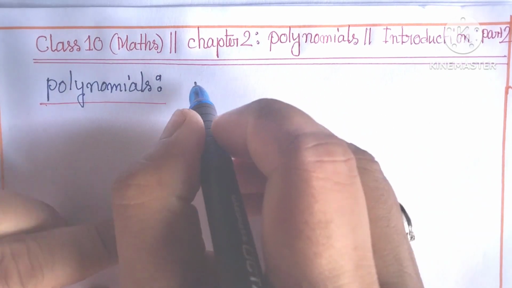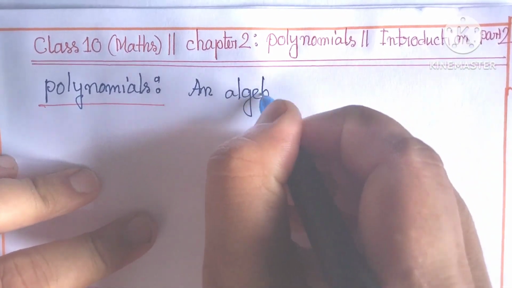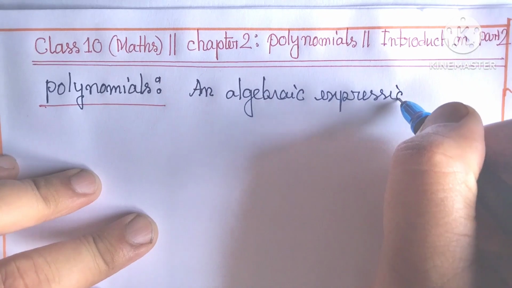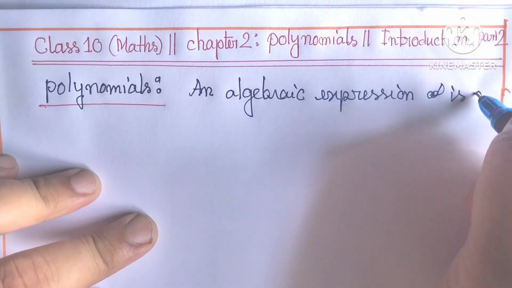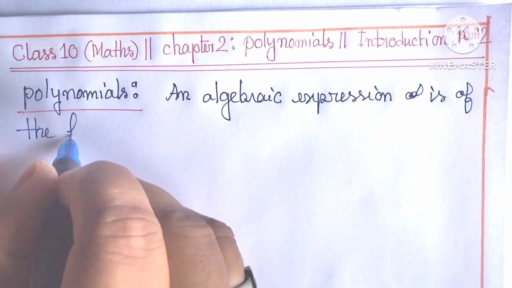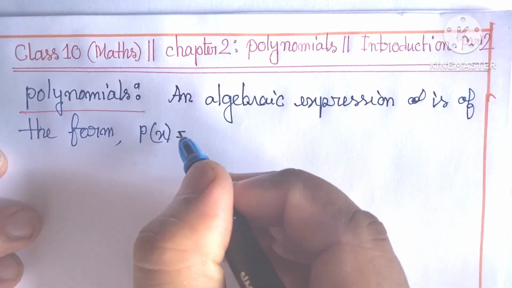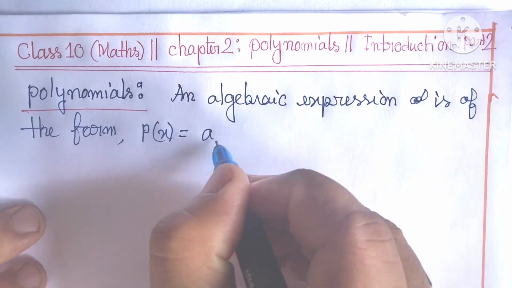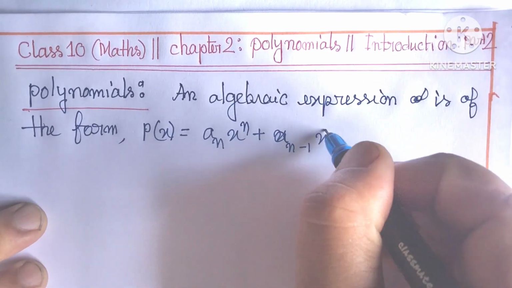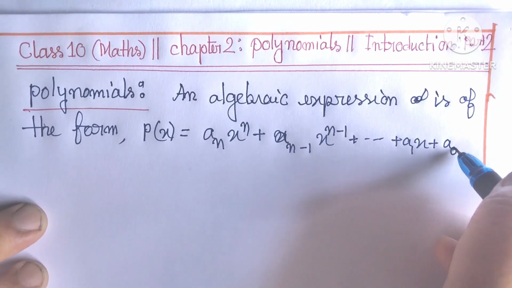Polynomials. An algebraic expression of the form P of x equals a_n x to the power n plus a_(n-1) x to the power n minus 1 plus ... plus a1 x plus a naught, or a0.